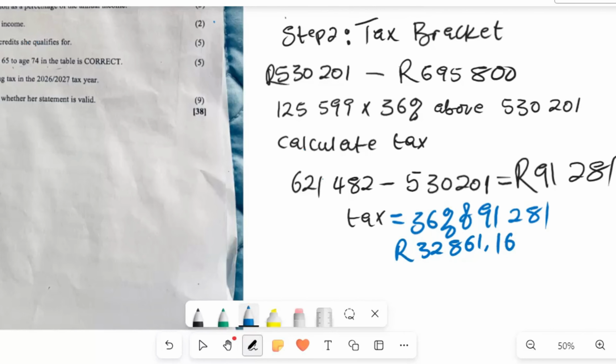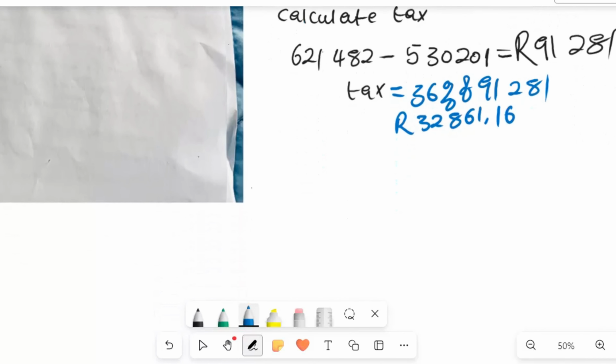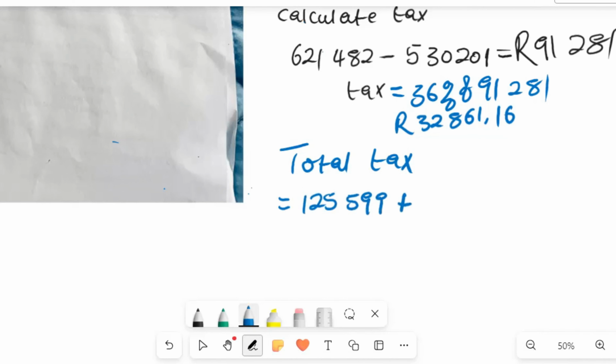Now that we've got that, let us calculate the total tax. Total tax equals 125,599 plus 32,861.16, and that's going to give us how much?